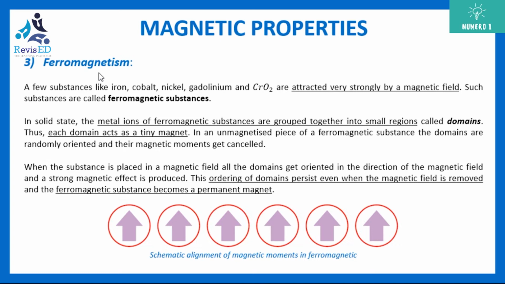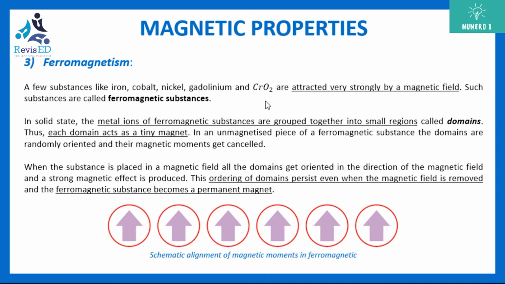Then comes ferromagnetism. Ferromagnetic substances are like iron, cobalt, nickel. These are substances which are very strongly attracted by the magnetic field. Now there is something called a domain. A domain is an area which is randomly arranged in the absence of a magnetic field.